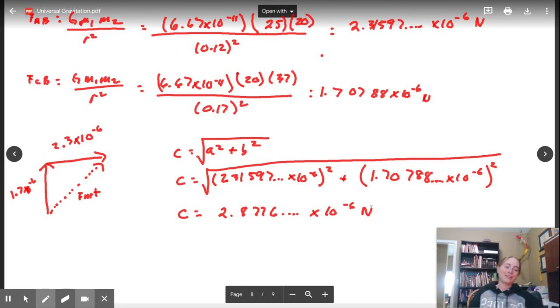Force is a vector. So, ladies and gentlemen, I am going to find theta. Okay. So, I am going to use tangent. Why am I not going to use cosine or sine? Less error. Because my tangent involves this guy and this guy, these values have the least amount of math done on them.